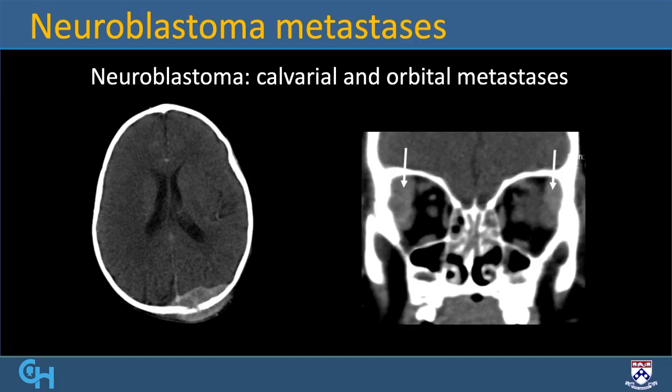So when you see a child with calvarial metastasis, or another common location is the periorbital location of enhancing lesions, then you have to consider the possibility of neuroblastoma. And this could be one of the presentations of neuroblastoma with just calvarial and orbital metastasis. So remember this entity.